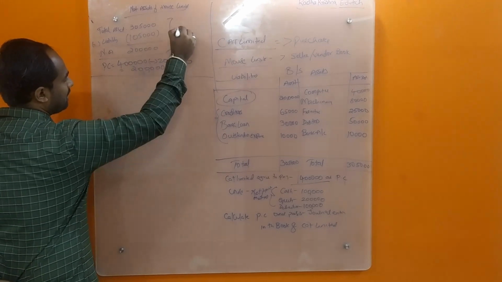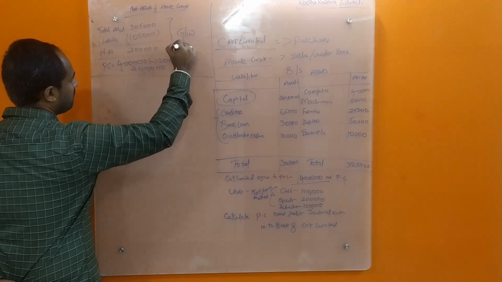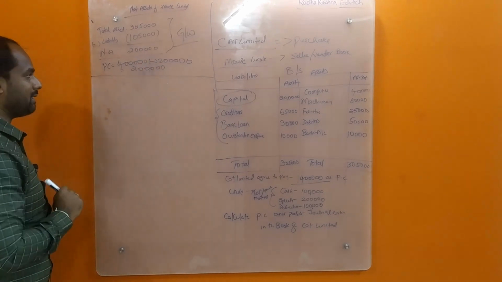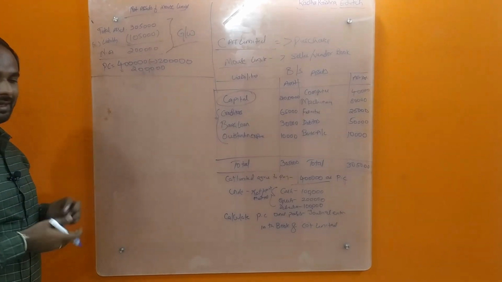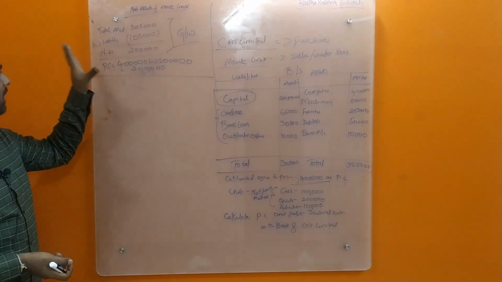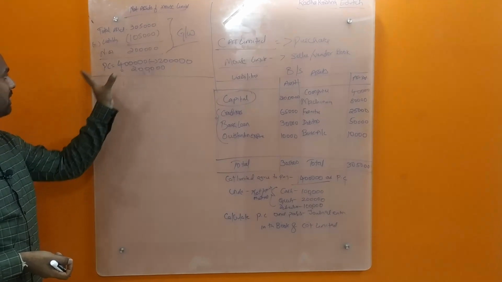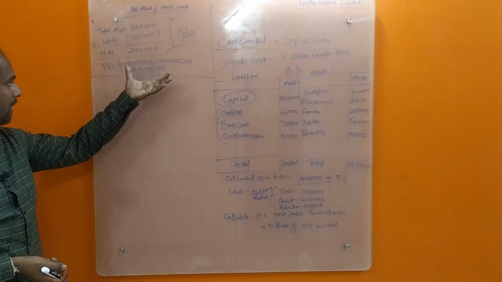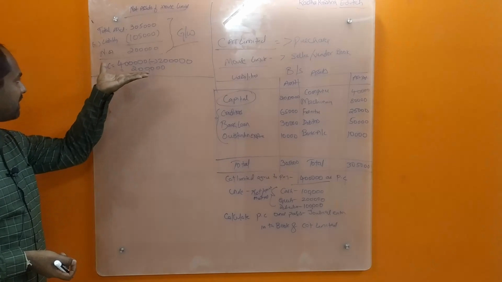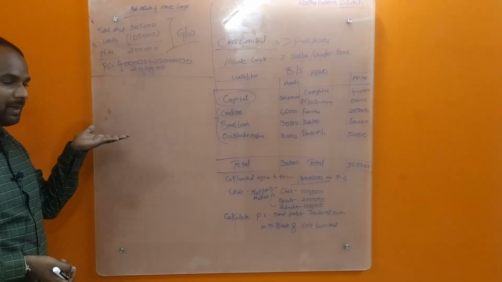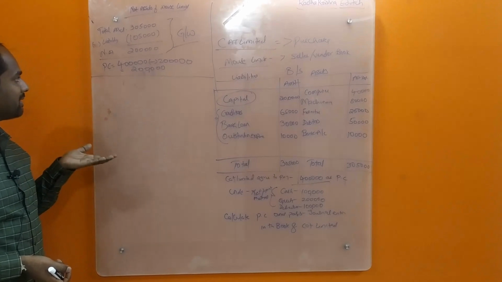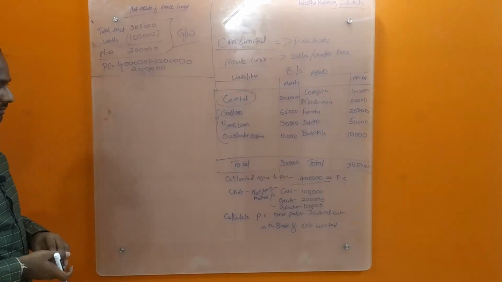So under this it is a goodwill. I am paying more than my net asset, so it is a goodwill for me. You understand, right? So total of your asset less your liability gives you your net asset. It is 2 lakh. If you are paying more than your net asset, it will be considered as goodwill. If you are paying less than your net asset, it will be considered as a capital reserve.